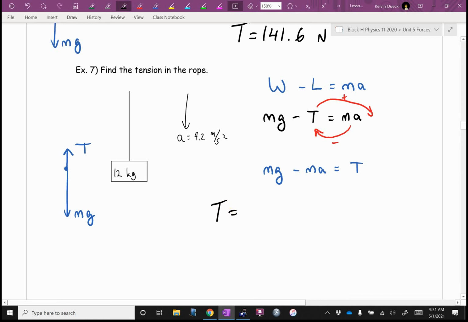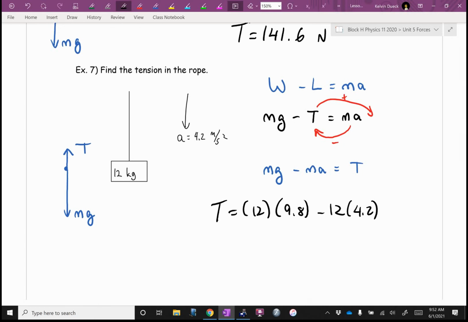What's M? 12. What's G? 9.8. I don't need to put the negative in. I took care of the negative with my winner minus loser setup. 12 and then 4.2. Yep. Which is what? Do that one in your head, Mr. Dick.